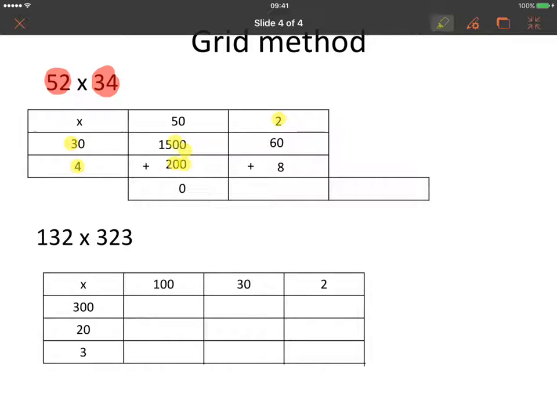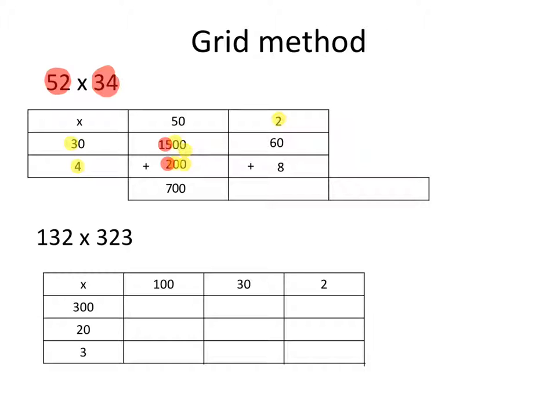And another 0 and a 0, which is 0. And this time I have got 5 and 2. Now 5 and 2 make 7, and don't forget that 1. Bring the 1 down, and you will have 1,700.